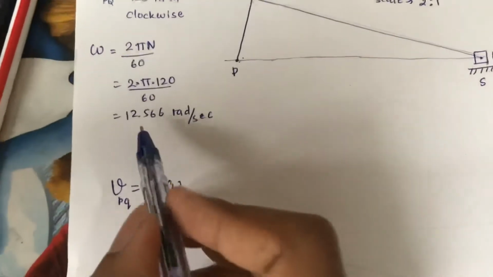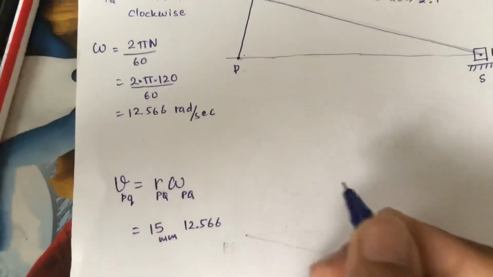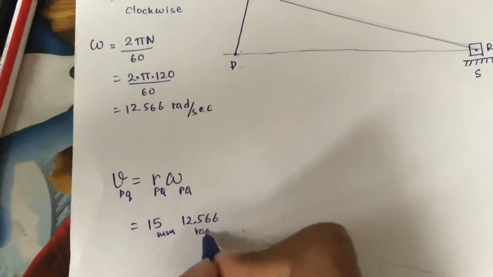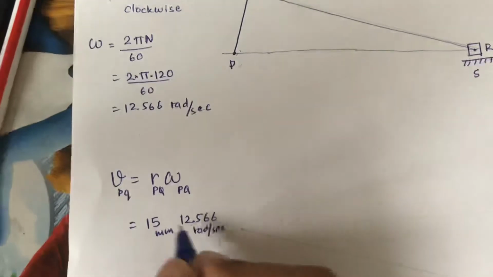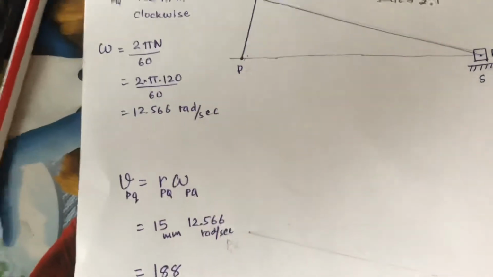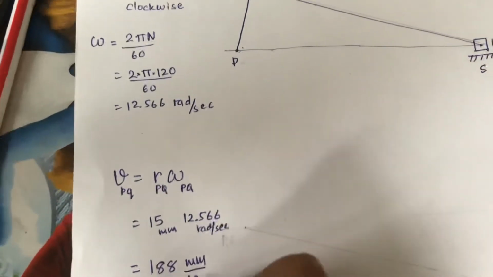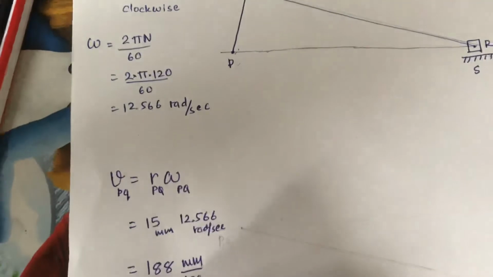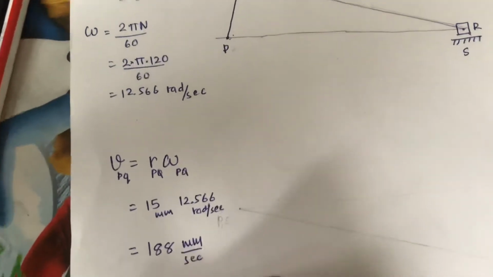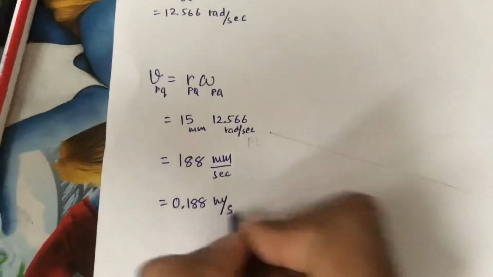Omega of the PQ link is 12.566 radian per second. Ultimately, your answer is 188 mm per second, but we have to draw in meter per second, which is equivalent to 0.188 meter per second.